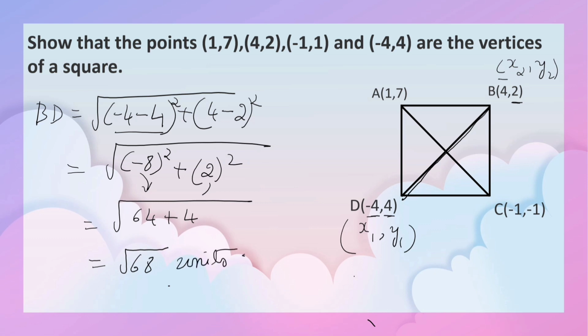Hence now we have AC is also square root of 68 units. BD also square root of 68 units. So diagonals are equal to each other. So AC is equal to BD, that is square root of 68 units.